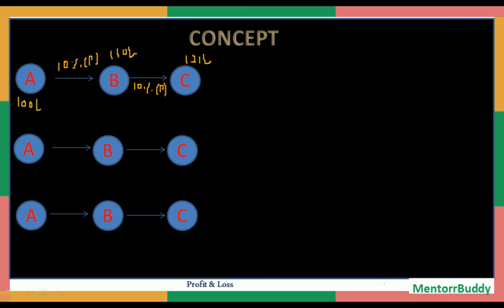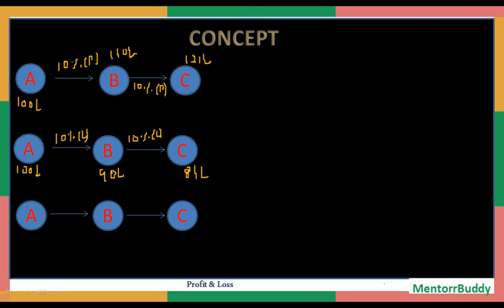Now again, A sold his 100 lakh property at a loss of 10% to B. So for B, it will cost 90 lakh, and B further sold it at a loss of 10% to C. It will cost 81 lakh.